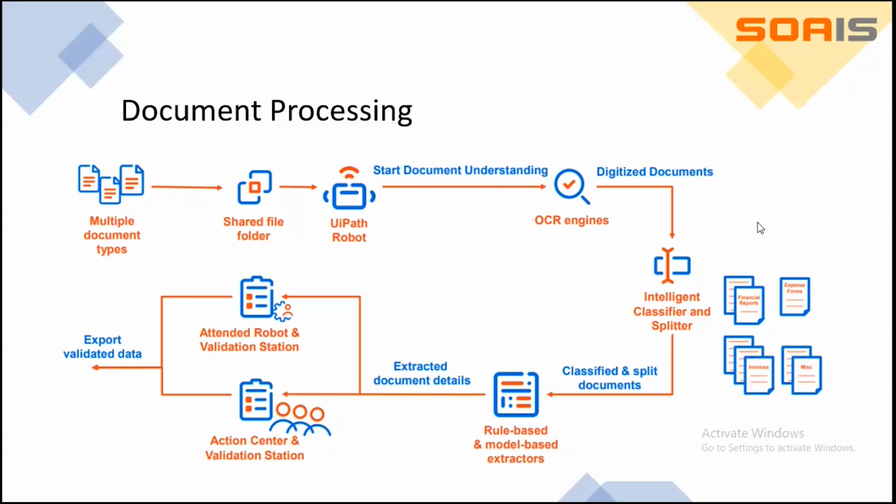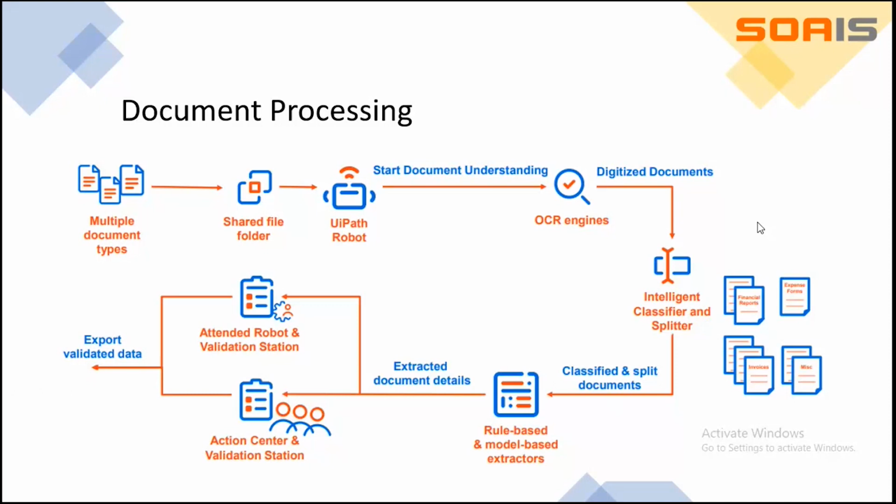And as the document comes to the validation station, the robot will wait for you to verify all the results or verify all the extracted values. And as soon as you do the validation, the robot will take the file into the export section. So that is one type of validation, which is called attended validation.